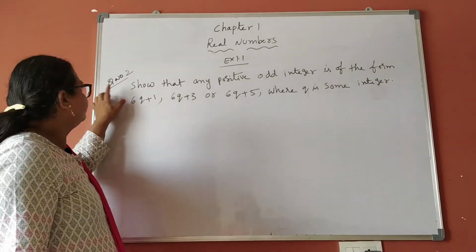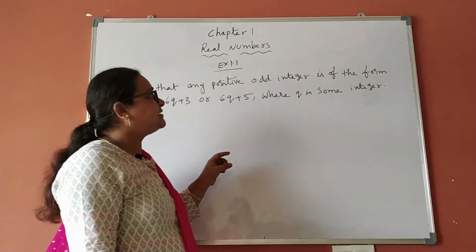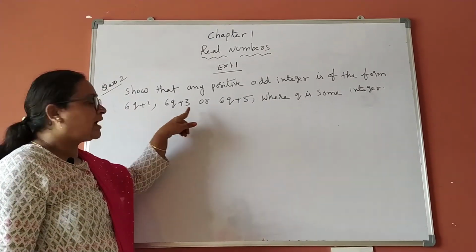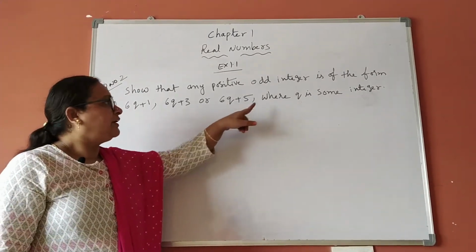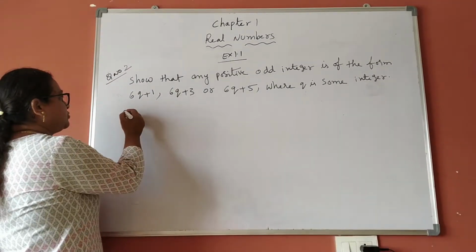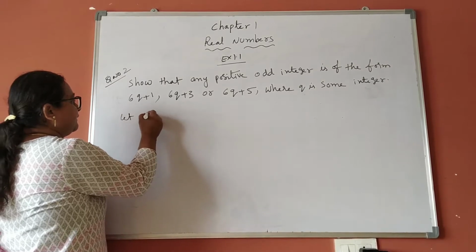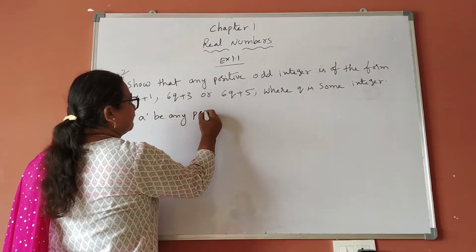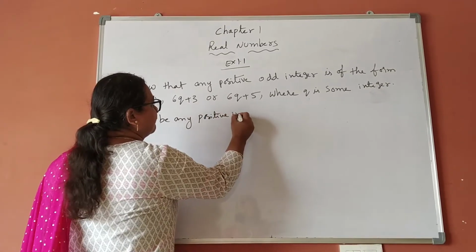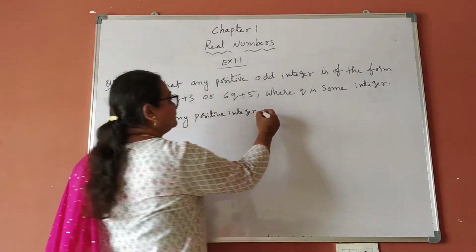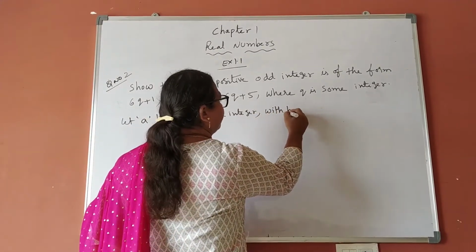Question number 2, children. Show that any positive odd integer is of the form 6q plus 1 or 6q plus 3 or 6q plus 5, where q is some integer. So let a be any positive integer with b equal to 6.